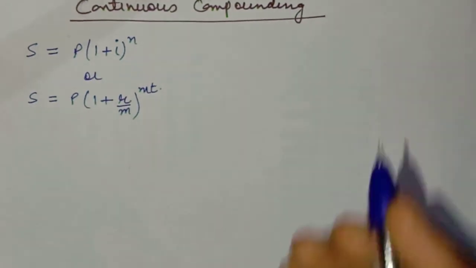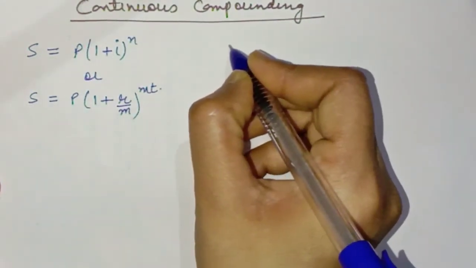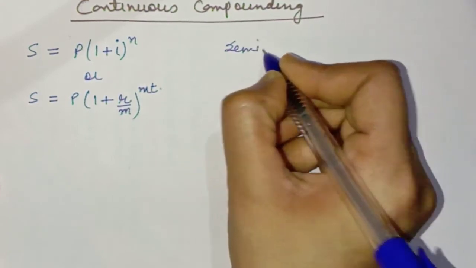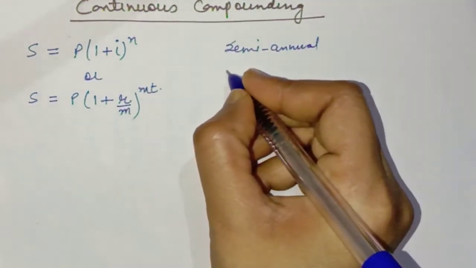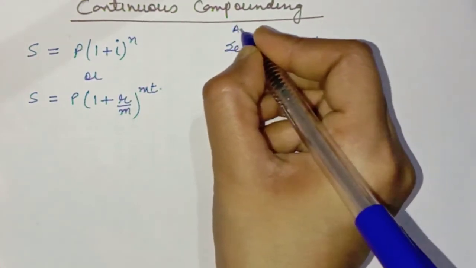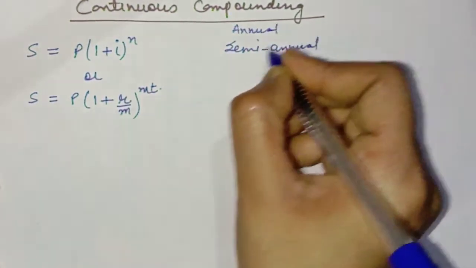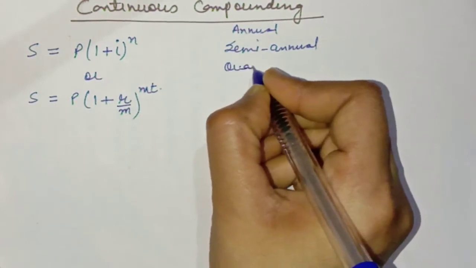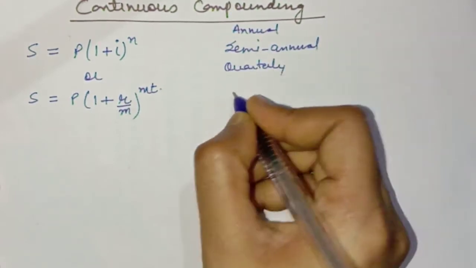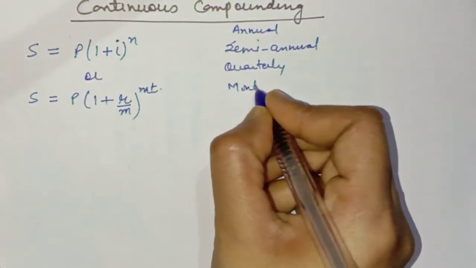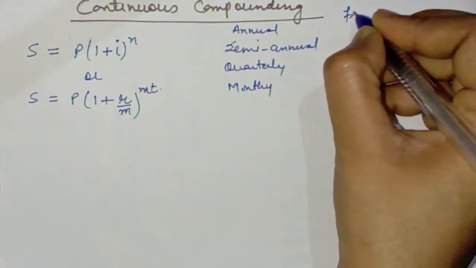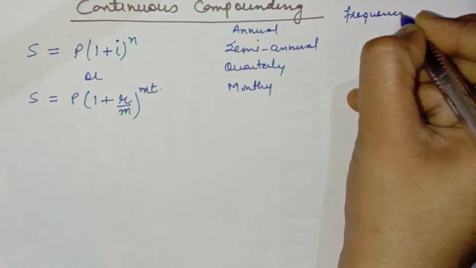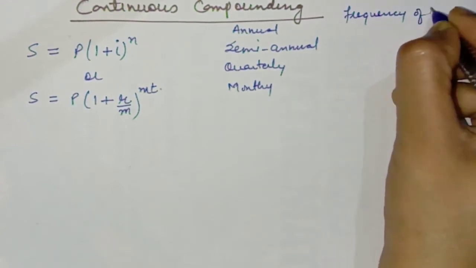Now we know the frequency of compounding in case of annual, semi-annual, quarterly, and monthly compounding.